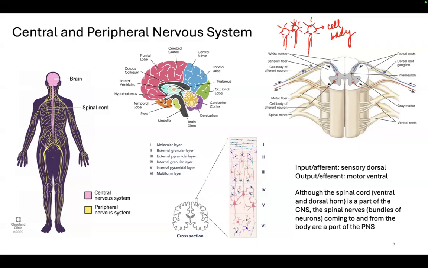So the cell body of the incoming sensory neurons is concentrated at some place. It doesn't happen for the motor neurons. It's just important to collect all the signal in one place before it goes in. So that's why for the sensory neurons, the input neurons, the cell body for all of those is concentrated at one place on both sides. You can see this.